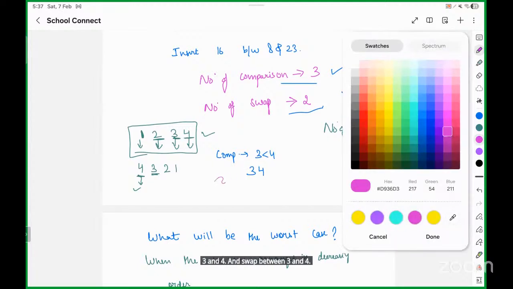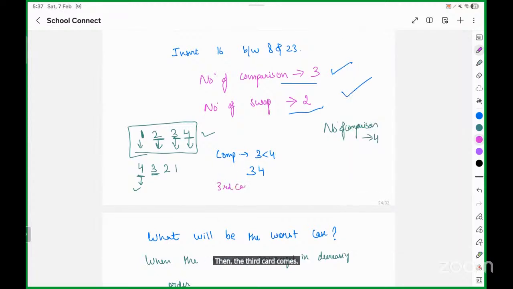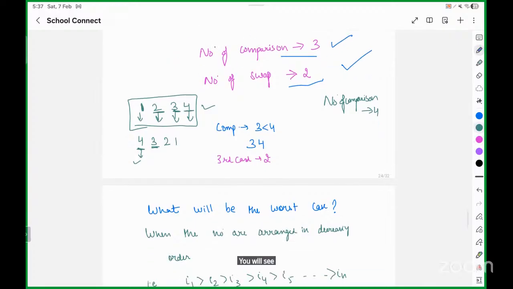Then the third card comes, which is 2. You compare 2 with 4, and you see that 2 is less than 4. And then you compare it with 3, and 2 is less than 3. And then you swap, so there are two swaps.